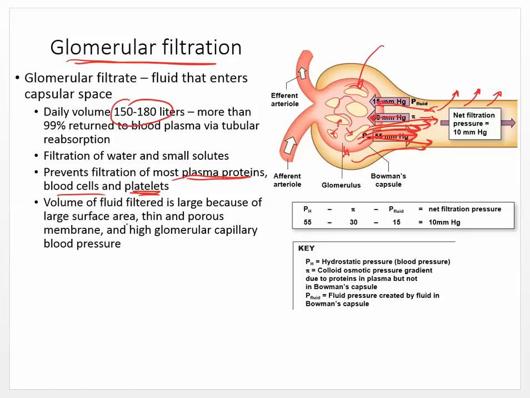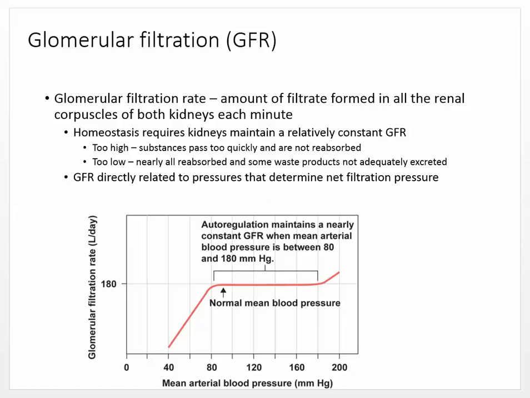So it's a large surface area, thin and porous membrane, and high glomerular capillary blood pressure, and that's that blood pressure that's pushing in this direction. That's how we keep blood moving through there, and technically, like I said, it's plasma moving through there. But we want that to happen at a consistent rate.